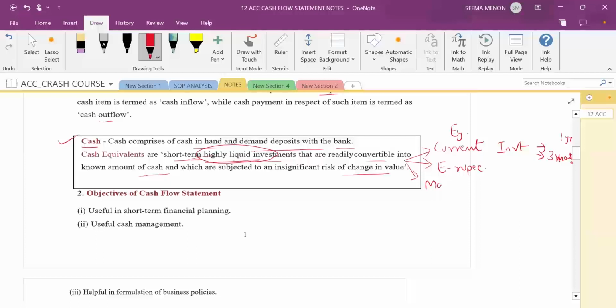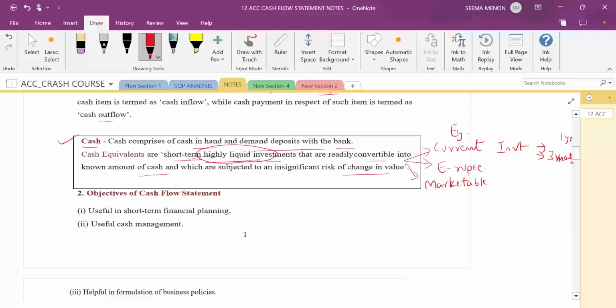Then come marketable securities. You have already prepared this in BST part 2. Marketable securities come under the financial market, not financial management.